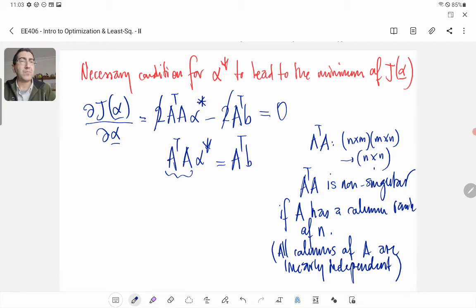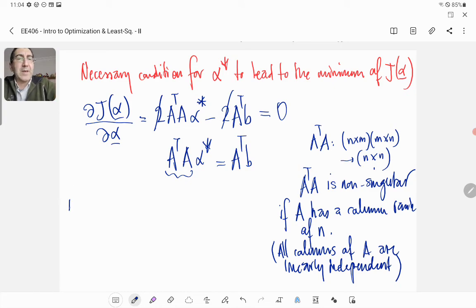Okay, so in your case, I guess it's sufficient that you check that A transpose A is a non-singular matrix. That means its determinant is not equal to 0.